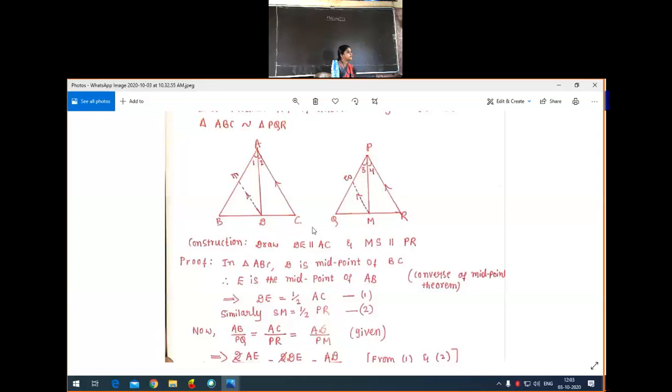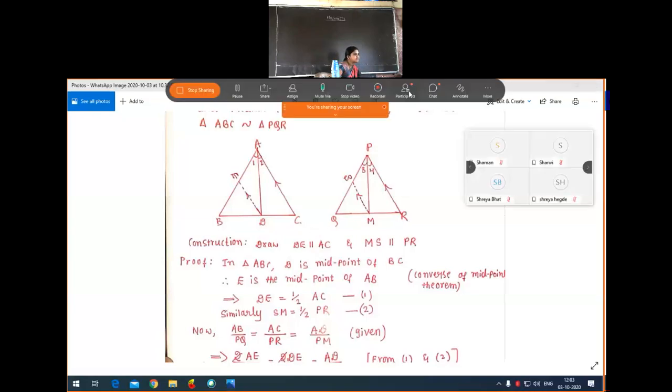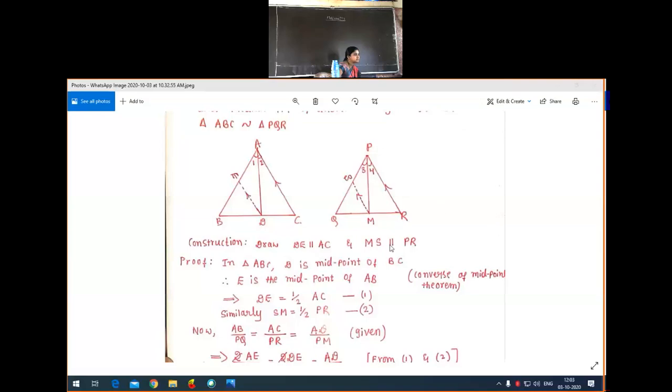Now our proof is almost over. See here, already we have the given data: AB by PQ we have, AC by PR we have. Then now we proved that angle A is equal to angle P. Got the idea of this problem now?